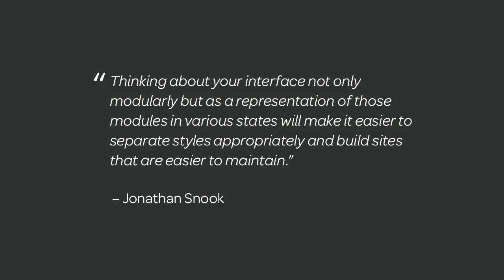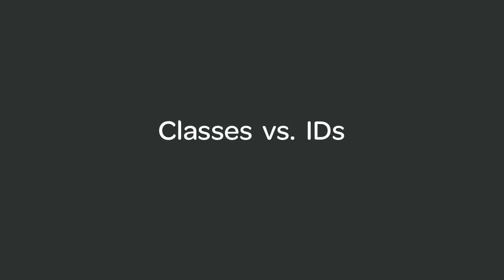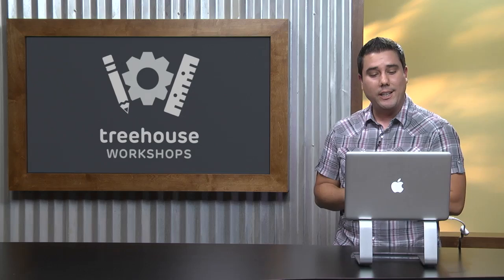So as Jonathan Snook states, we'll need to think about our interface as not only modular, but as a representation of those modules in various states, because it will make it easier to separate styles appropriately and build sites that are easier to maintain.